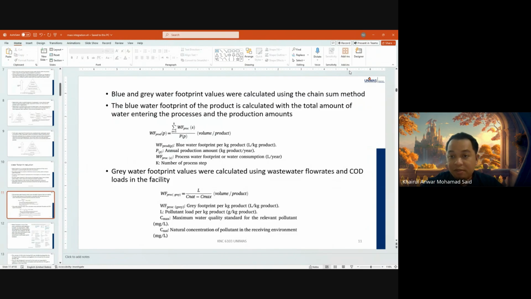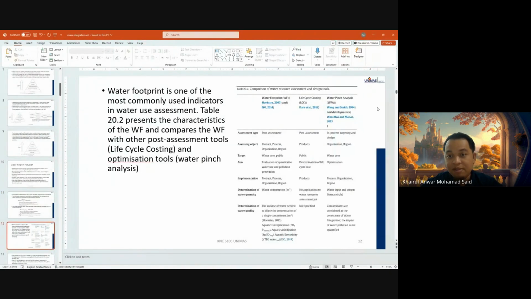Table 20.2 refers to slide 12. Based on this table, we have water footprint. We also have water pinch and life cycle costing.